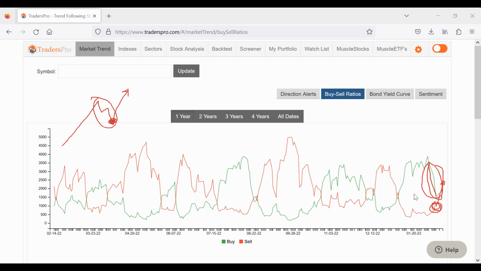But whenever you see the market pull back and you see a big drop in the buys, but not a very big rise in the sells, that's actually a pretty bullish, or potentially a very bullish, signal.